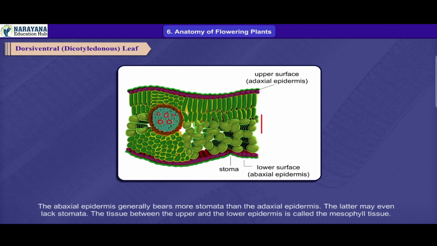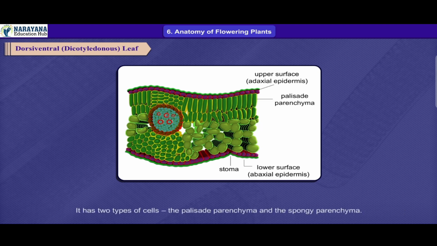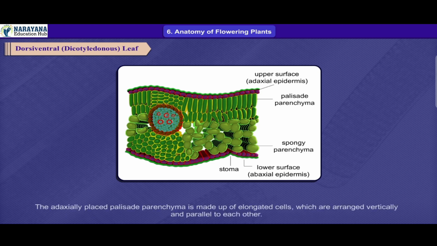The tissue between the upper and the lower epidermis is called the mesophyll tissue. Mesophyll tissue, which possesses chloroplasts and carries out photosynthesis, is made up of parenchyma. It has two types of cells, the palisade parenchyma and the spongy parenchyma.